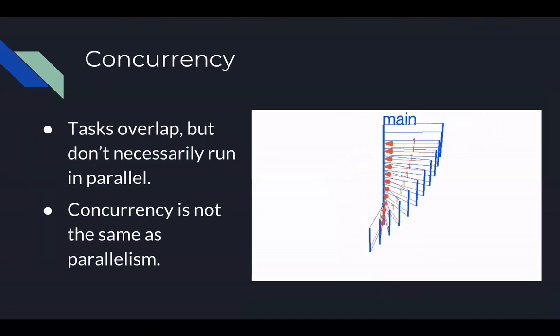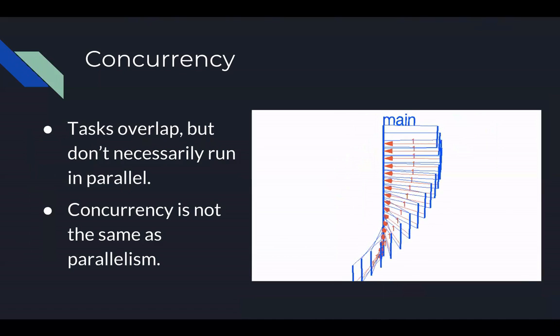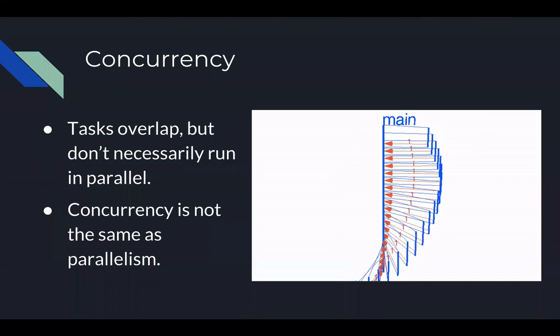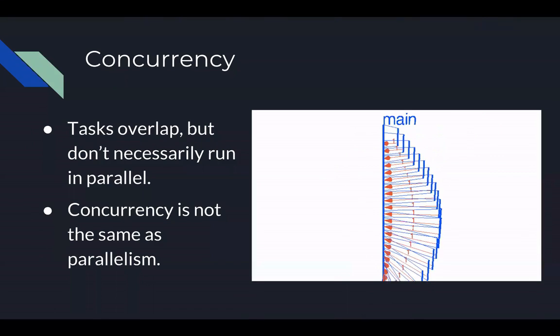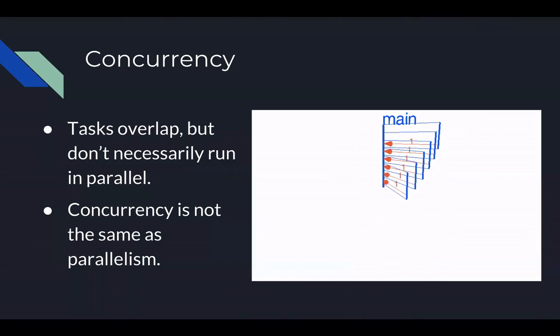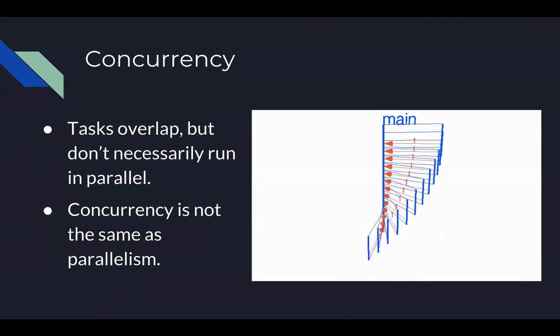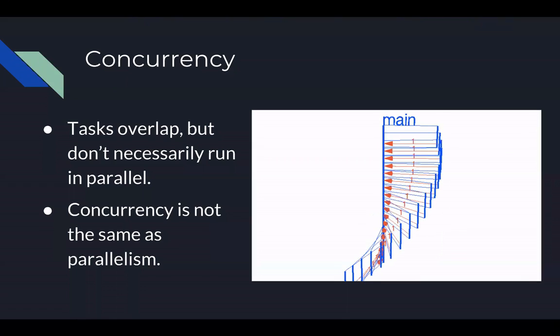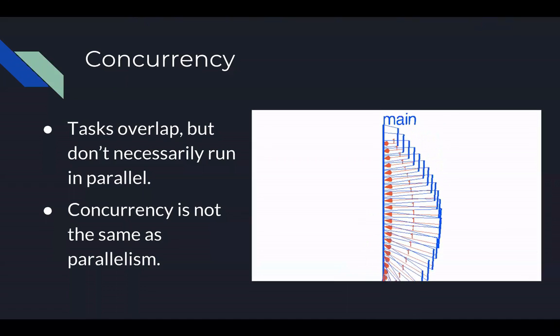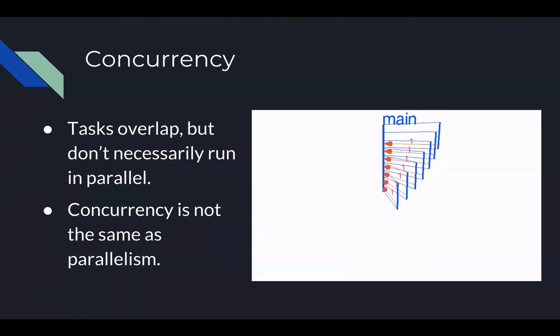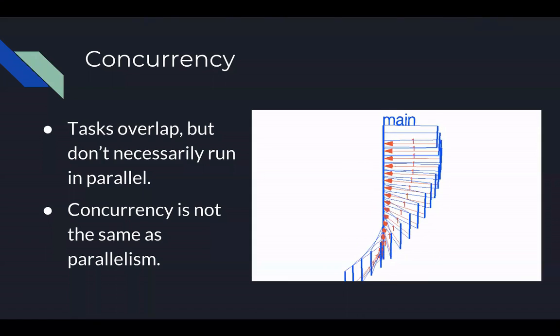Another way of thinking about it is if you have 2 different people doing 2 different tasks at the same time, that's parallel because they're each working on a separate task without stopping. However, if you have one person switching tasks, that's concurrency. Even though that person is doing 2 things at once, essentially they're only ever doing one task at one time. They constantly switch back and forth. So that's concurrency versus parallelism. Hopefully that makes sense.